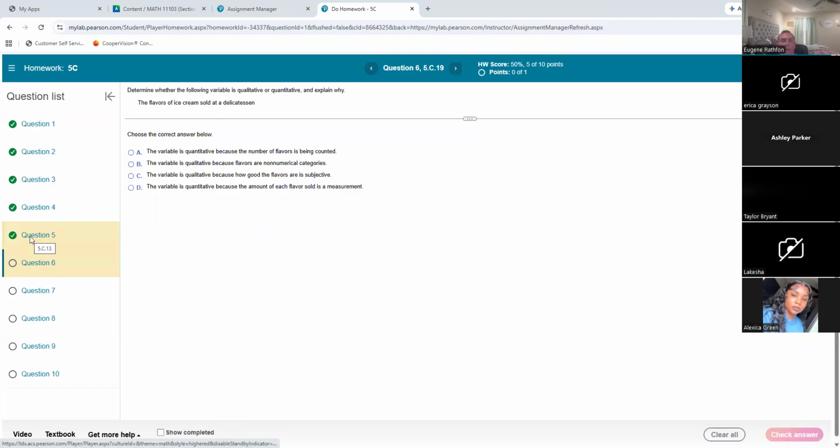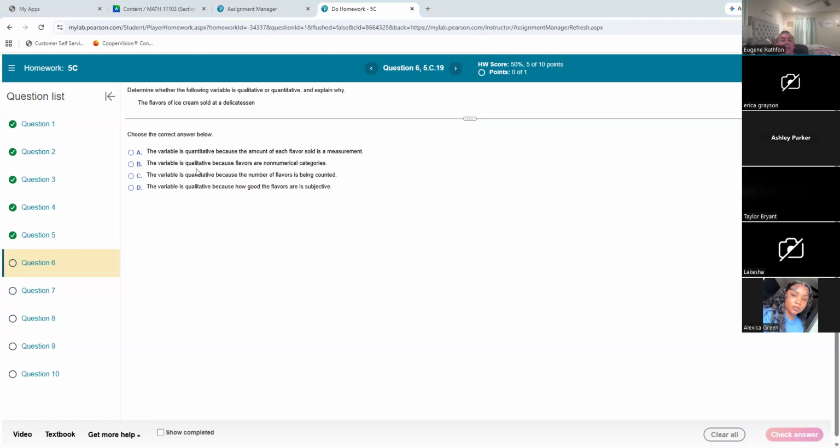Alrighty, so they want to know if this is qualitative or quantitative. The flavors of ice cream sold at a delicatessen. Well, y'all, you can't count them and you can't measure them. Flavors would be qualitative.